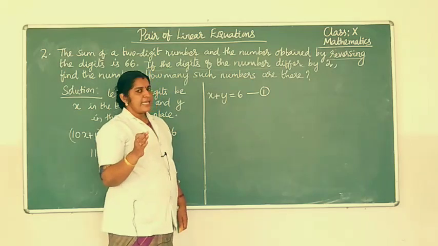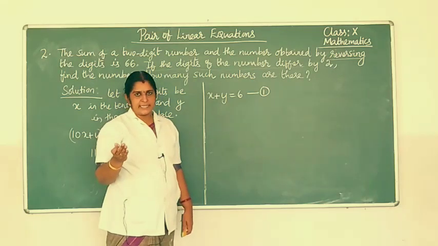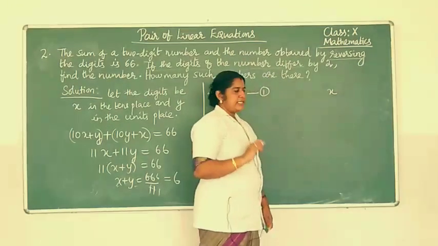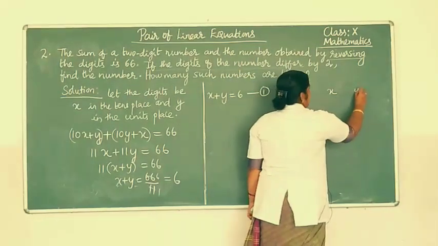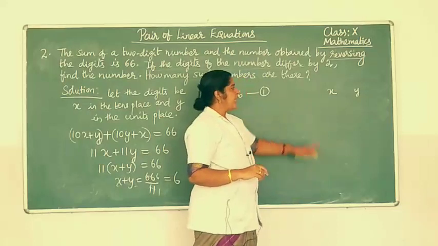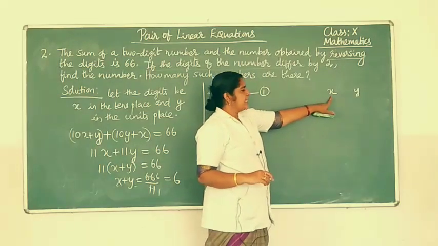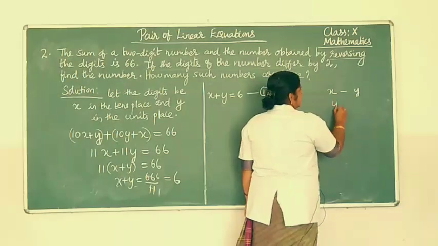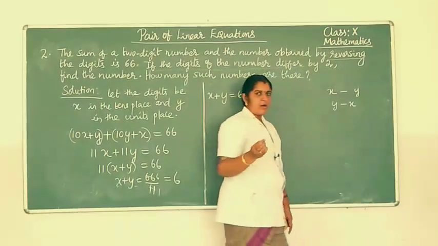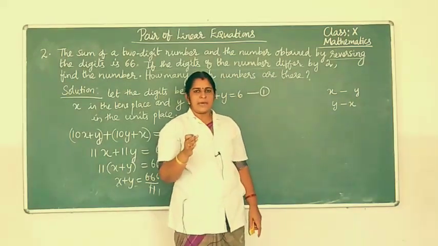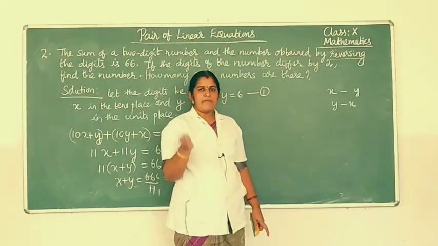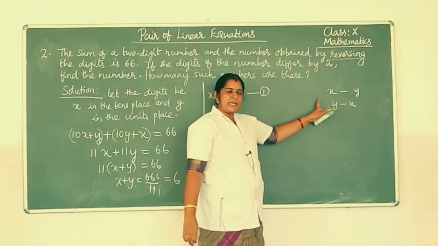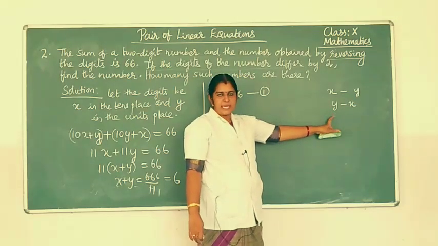So when you are telling about the difference between the digits, x is our first digit and y is the second digit. So when you tell about the difference, it can be x minus y, or you can say y minus x, because in a two digit number we are not aware of which number is greater. Sometimes x may be the greater number, sometimes y may be the greater number.